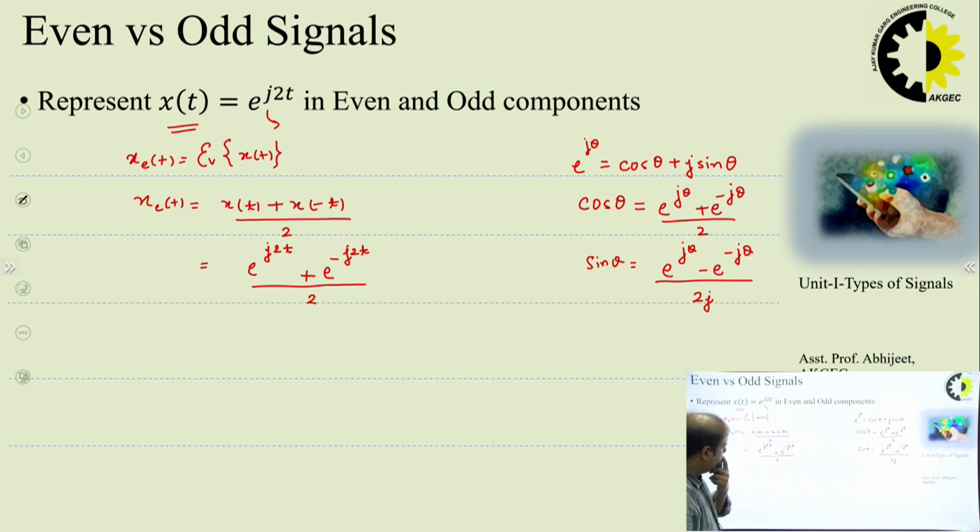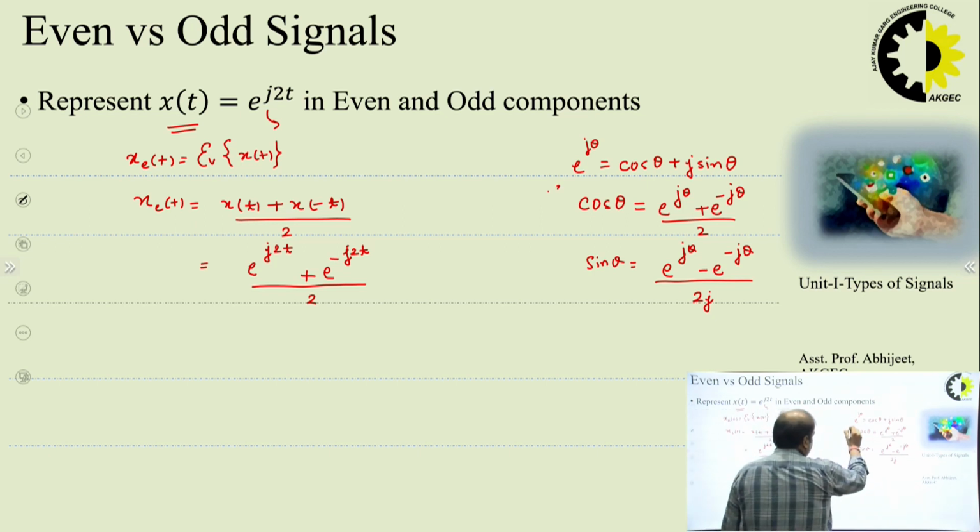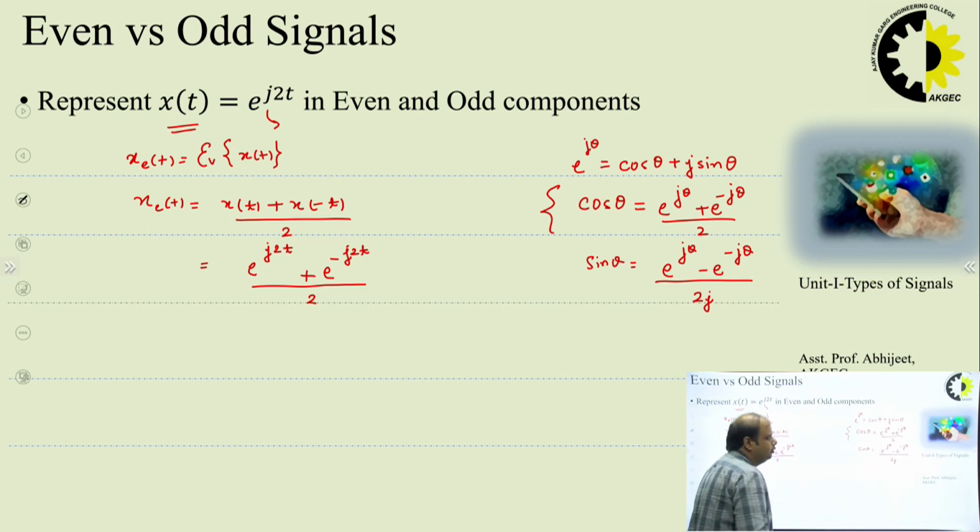If we compare this with this, cos theta is equal to e raised to the power j theta plus e raised to the power minus j theta by 2, then we will be able to write the even component of x of t as cos of 2t.